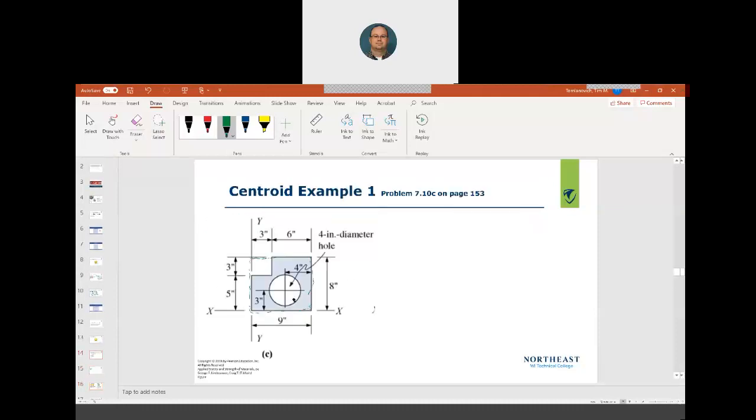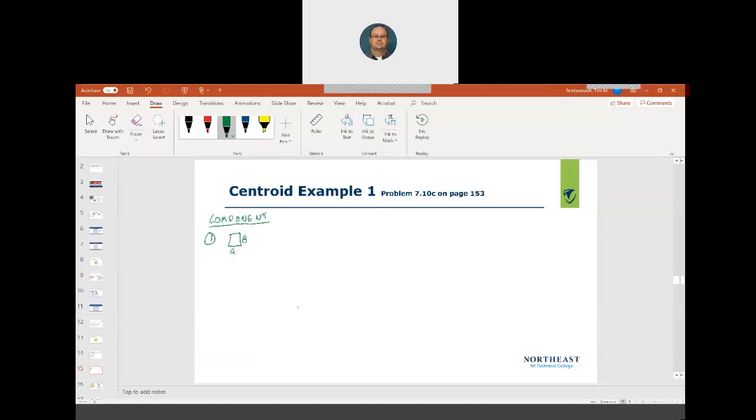Component 2 is this little box right here, which is 3 by 3. And I'm going to put a negative by it because it's a hole. That means we need to subtract it out of our equations.